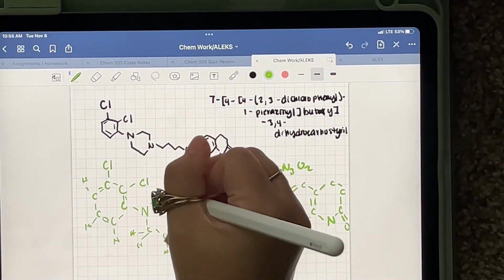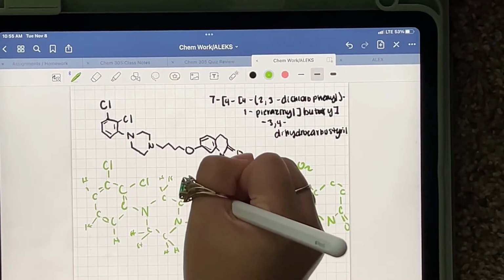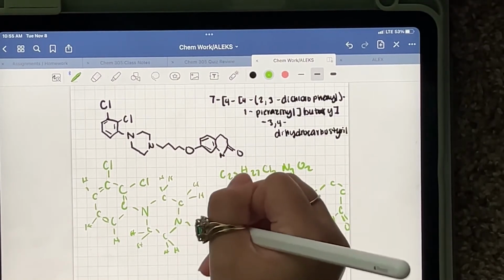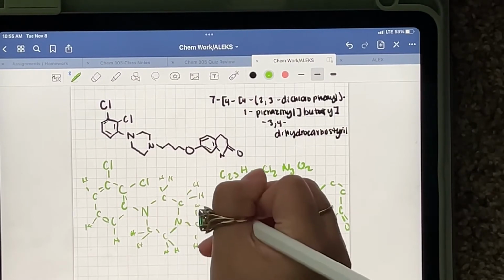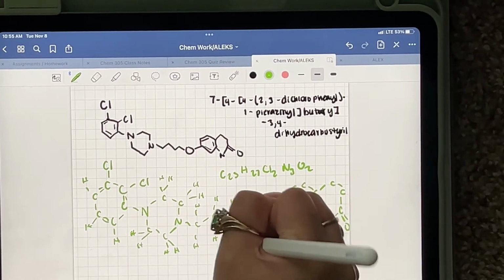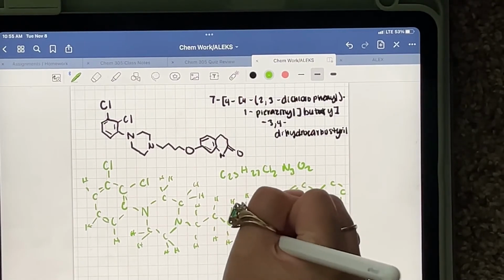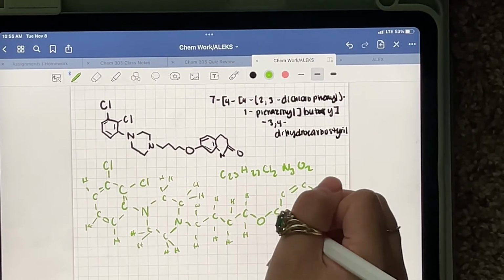This one has 2, so we add another 2 hydrogens, and then these each have 2, so we would add H, H, H, H, and then carbon.